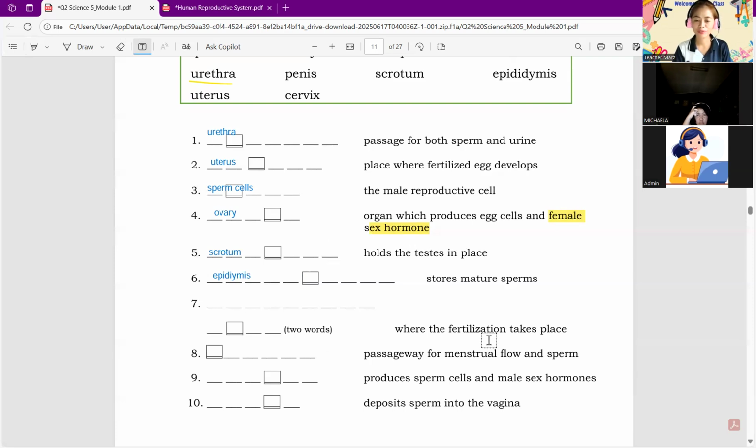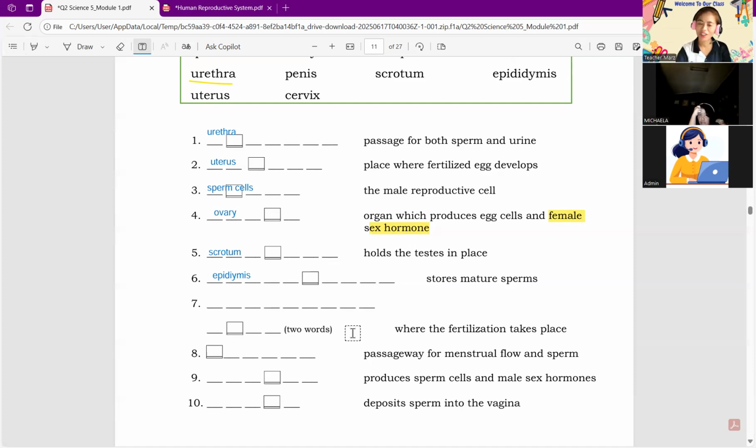Two words. Where the fertilization takes place. It is where the fertilization takes place. Or in other words, this is the tube where the egg cells pass going to the uterus.